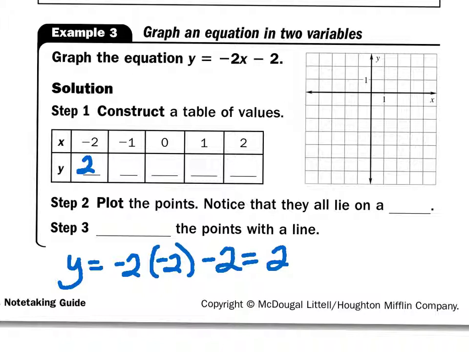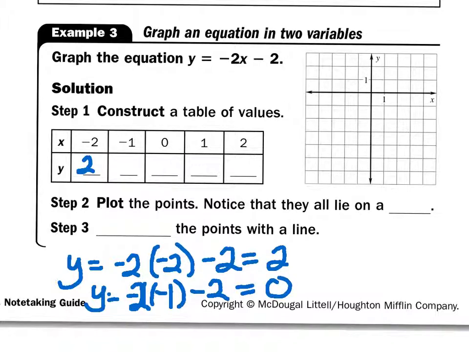Now, on -1, so y equals -2 times -1 minus 2, +2 minus 2, and that would be 0. And I would keep going and filling in all my points.